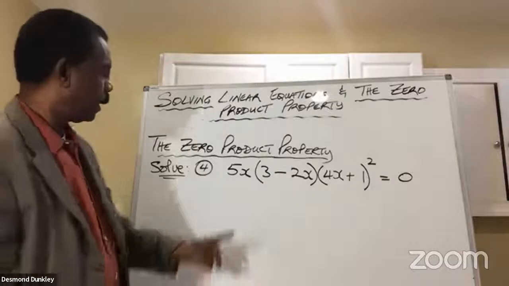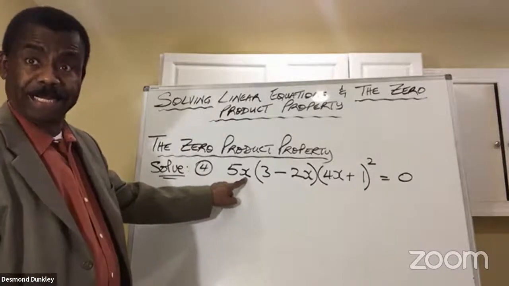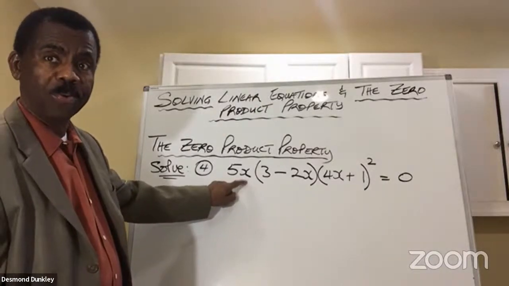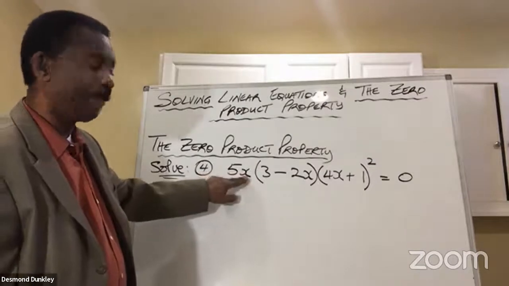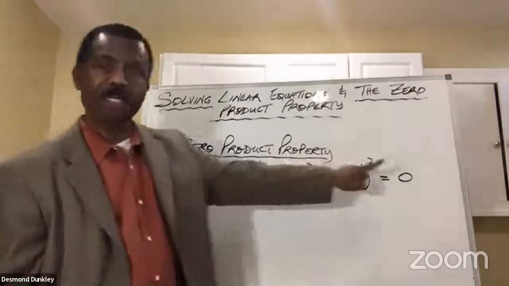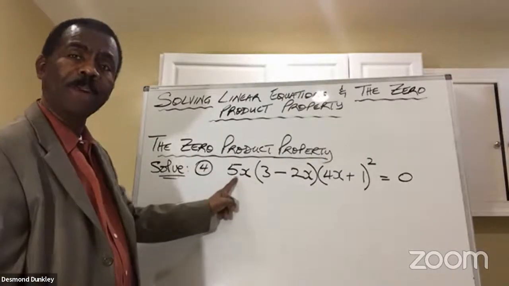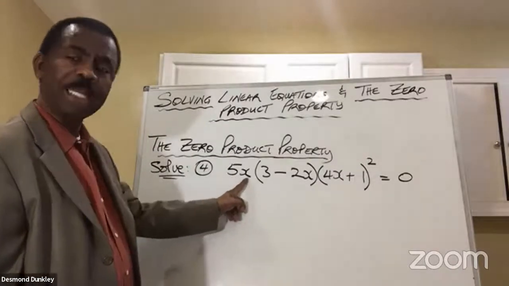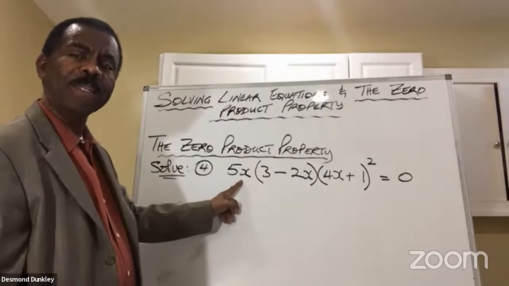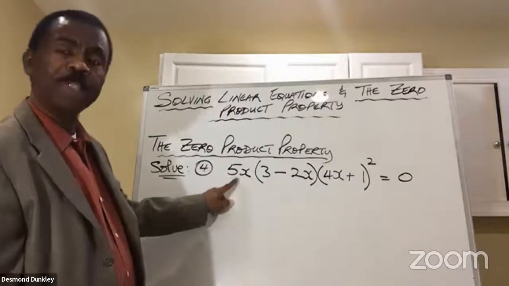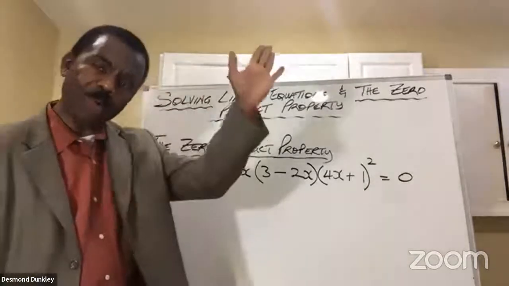First thing first, this is 5x. So there's an unknown. You're multiplying by 5x and you got 0. So therefore, this is going to be part of your consideration using the zero product property. If it was just 5, you could just ignore it.